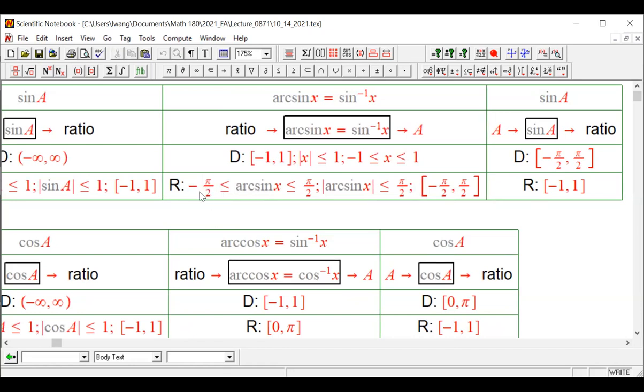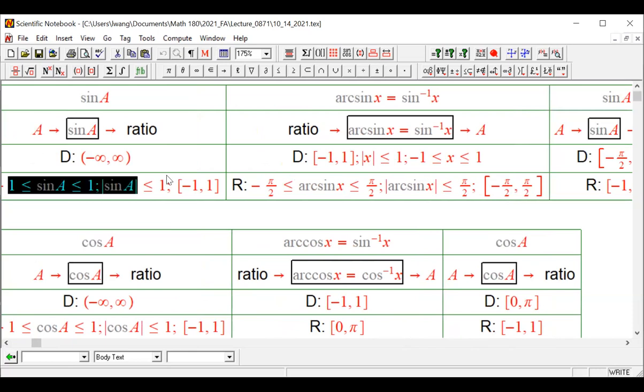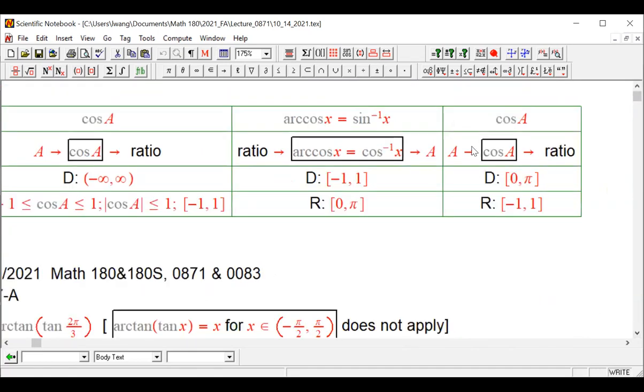These forms describe the range of ArcSine, or sine inverse, interchangeably, and that part as well. It's similar, but they're all described over here, so I'm not going to repeat that. Now, the ArcCosine.